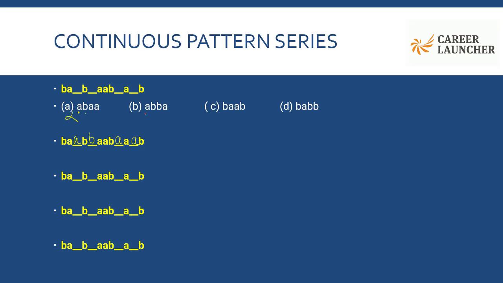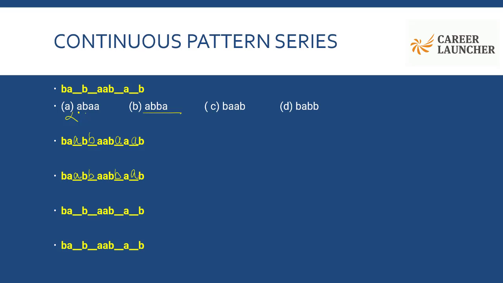Then I evaluate option number B. So I have placed the first A in the first blank, then B in the second blank, another B in the next blank, and the A in the last blank. So do we have a pattern here?